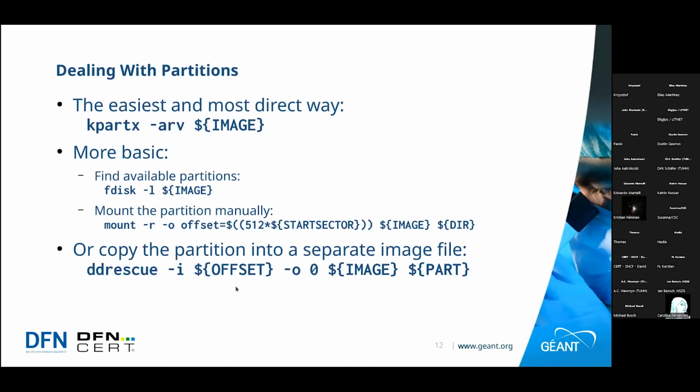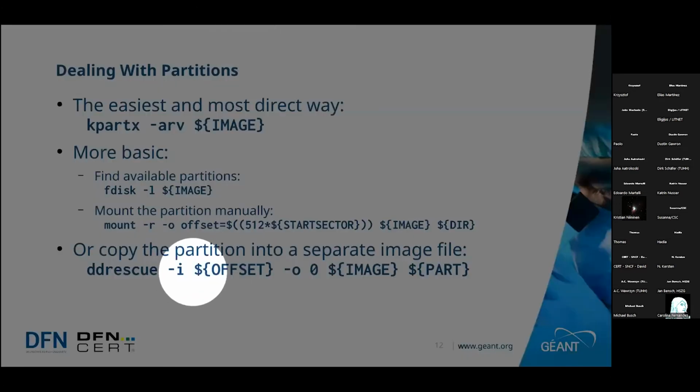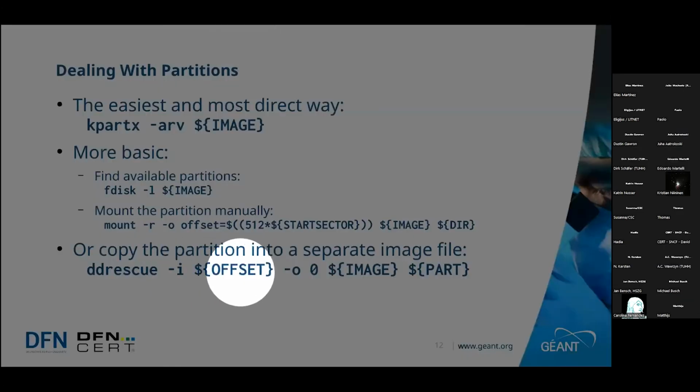So you want to start at the offset in bytes. This is what you tell dd-rescue with the -i parameter. So you want to start copying at whatever offset your partition starts at in bytes. So not in sectors, but in bytes. Essentially the same number that you have calculated here. And then you also want to specify at what position in the output file the copying process should start. By default, dd-rescue assumes that if you start the reading at byte 10, for instance, then you surely want to start outputting at byte 10 as well, right?